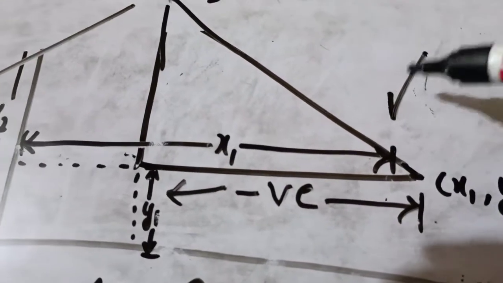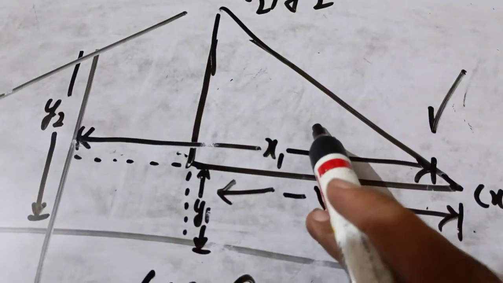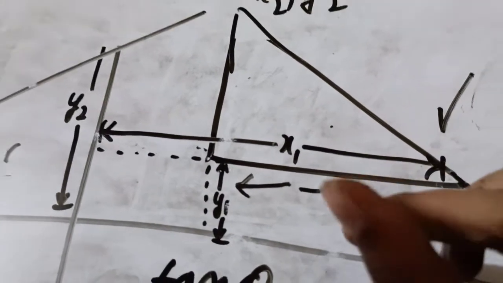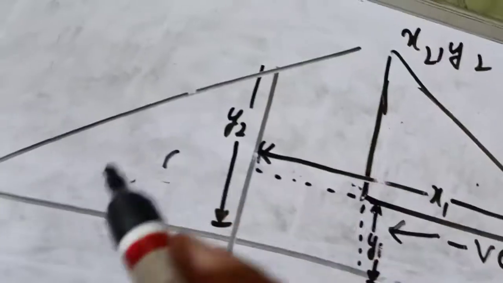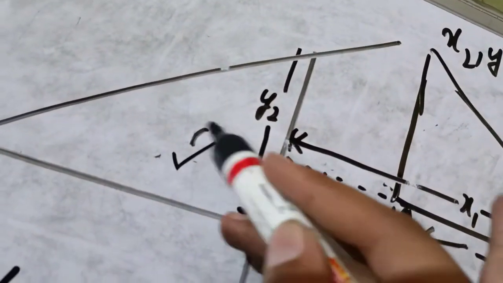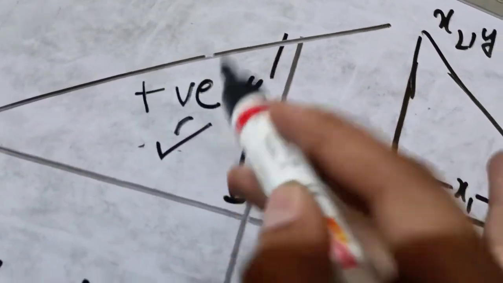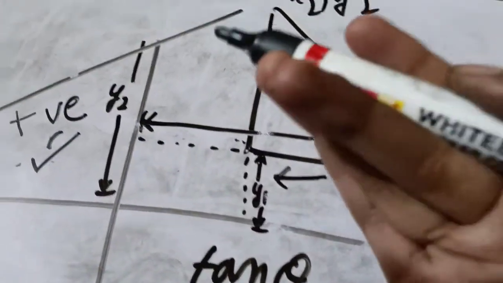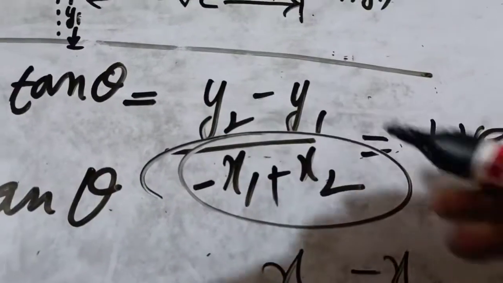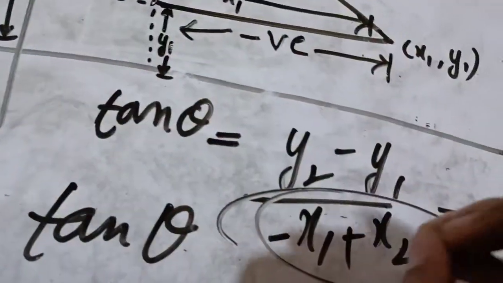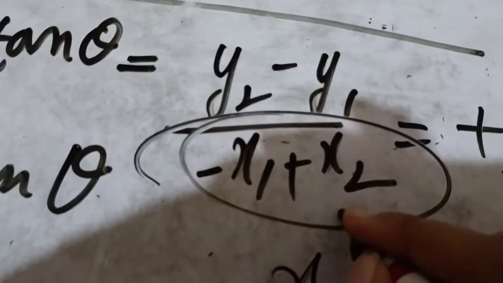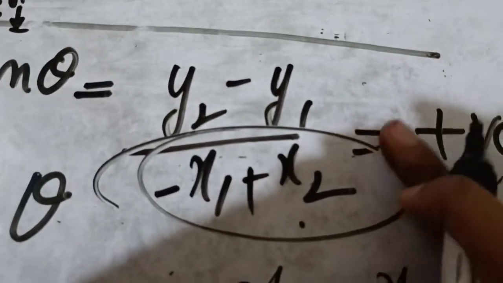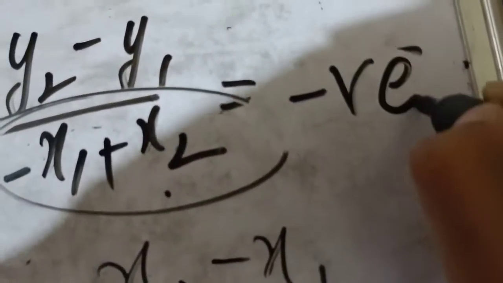The formula in both cases is the same, but the difference in the resulting slope is that the slope you get here is positive, and the slope you get here, because of the negative sign, makes the result negative. That means the slope you get will now be negative.